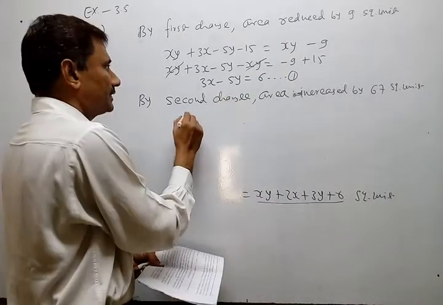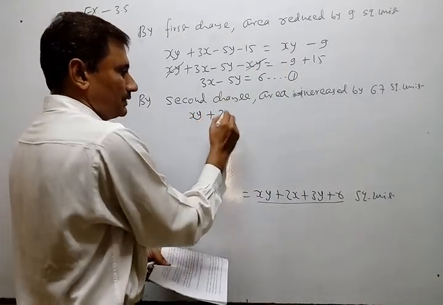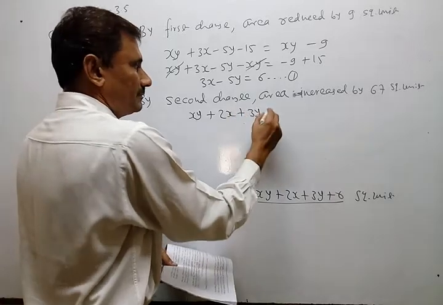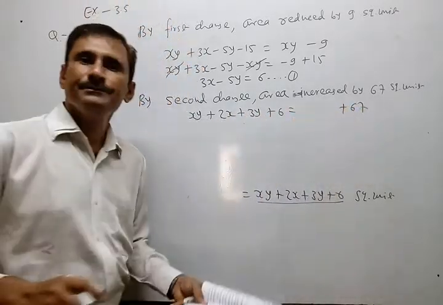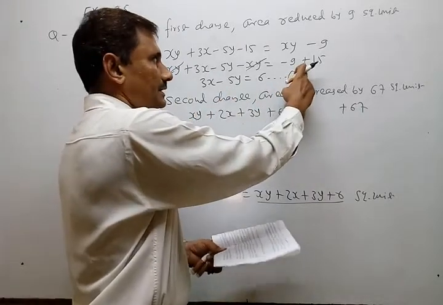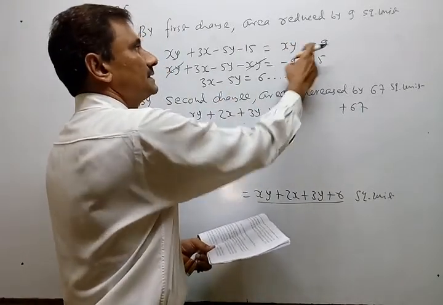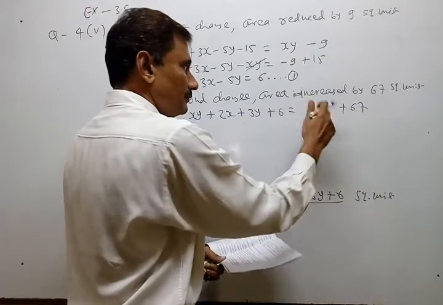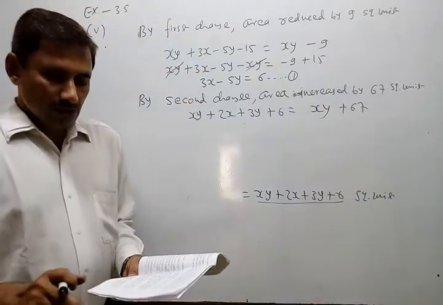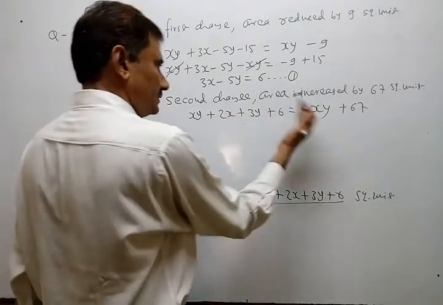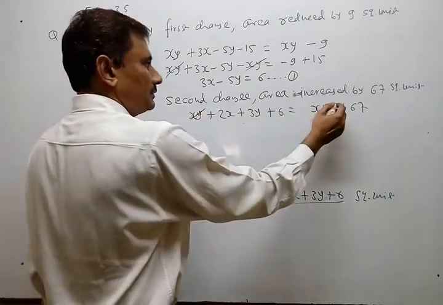So xy plus 2x plus 3y plus 6 is 67 more than what? This was 9 less than the original; this is 67 more than the original area. Now we can cancel this one also before shifting.